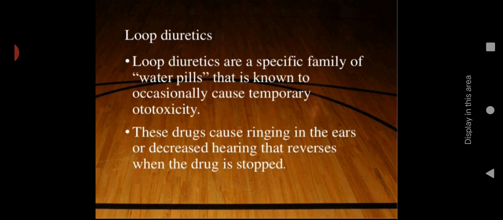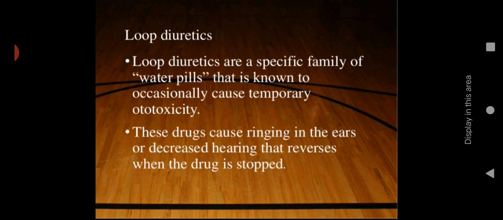Next one is loop diuretics. Loop diuretics are a specific family of water pills, otherwise known as water pills, known to occasionally cause temporary ototoxicity. This drug causes ringing in the ear or decreased hearing that reverses when the drug is stopped. Loop diuretics we mainly use for eliminating or balancing the water content in the body if there is excess production.